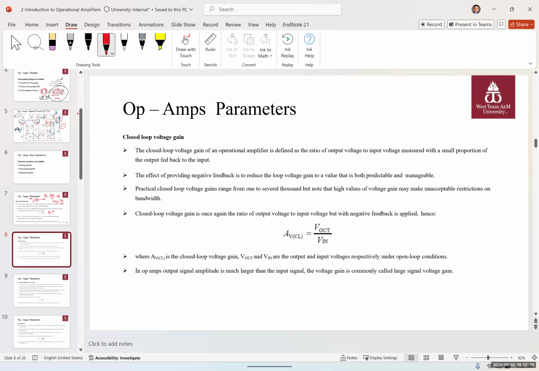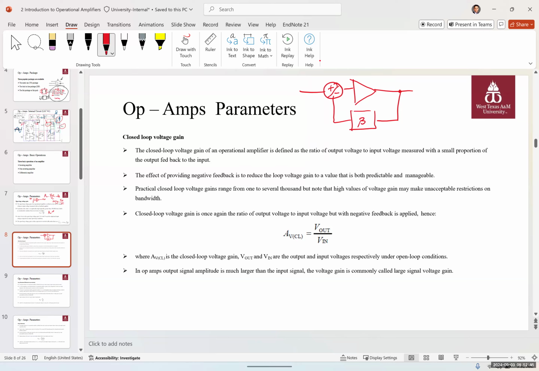That's the reason we use a closed loop voltage gain. A closed loop system usually looks like this. You have the main amplifier, and then we have a feedback coming from the output and feeding back to the input. So we may have negative or positive feedback, and I'll explain more about that if it's connected to the inverting or non-inverting input.